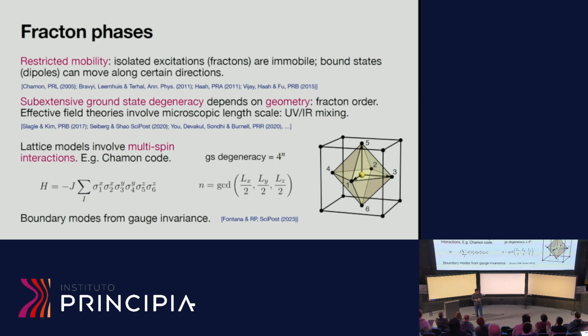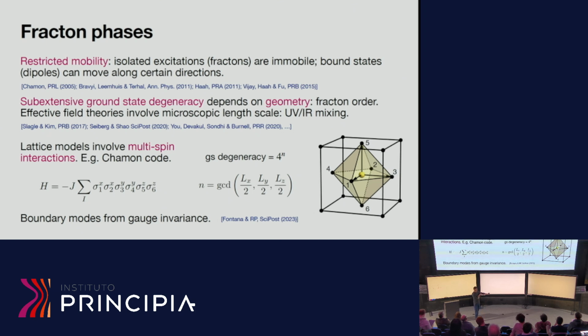Also, you have subextensive ground state degeneracy, meaning that typically the ground state degeneracy will grow exponentially with the linear system size. And this is something that people started calling fracton order.